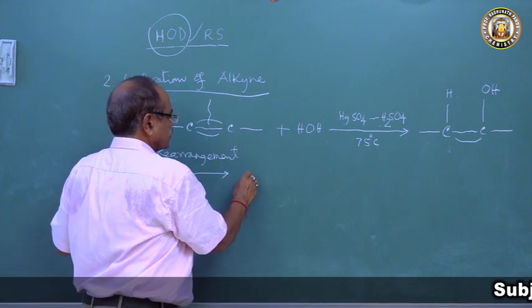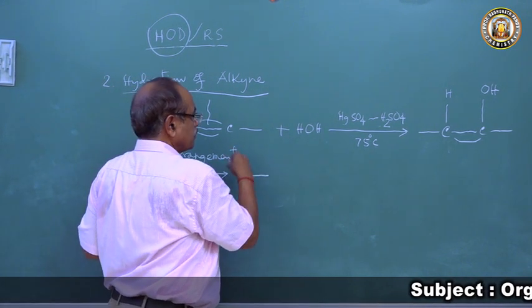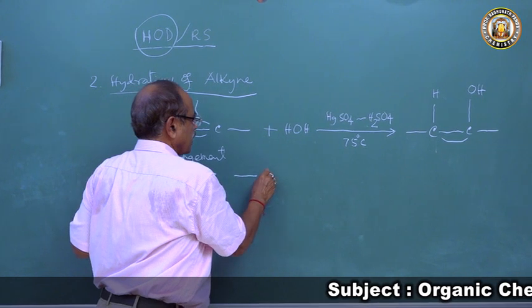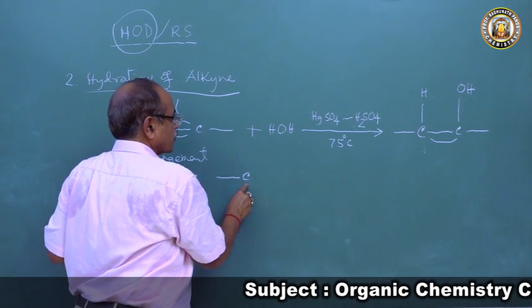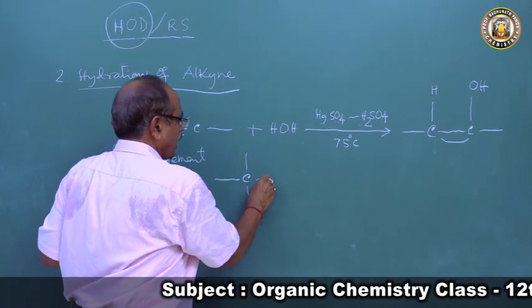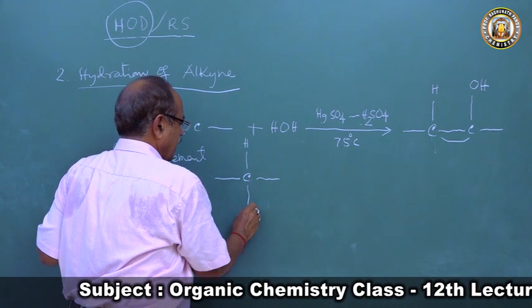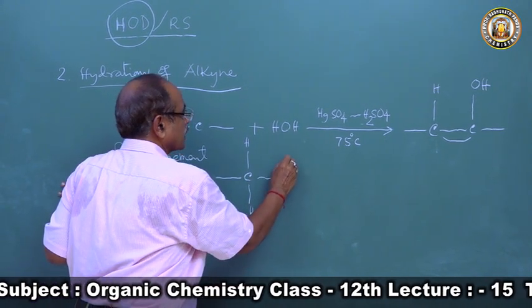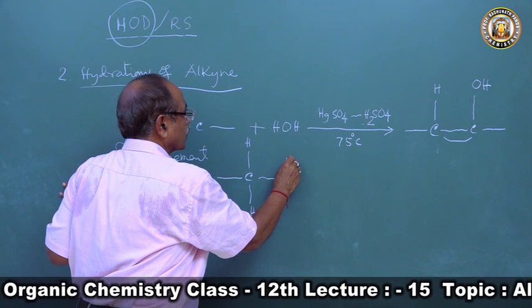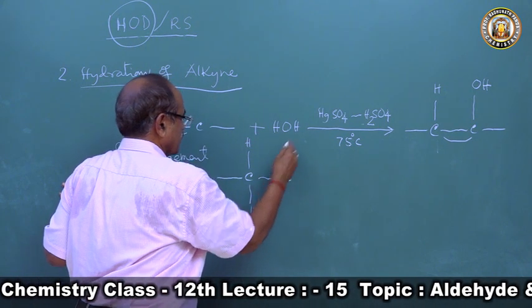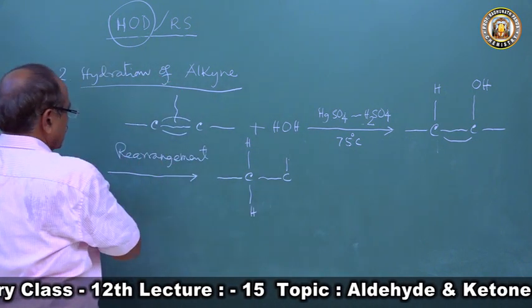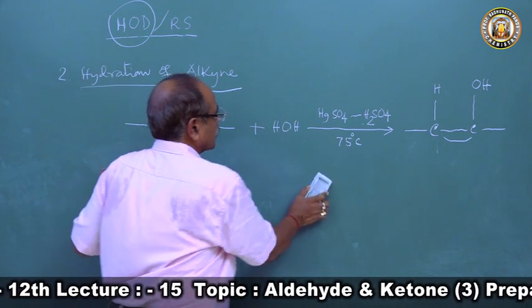To form that, C will get CH. This hydrogen will come to this place, and we get here H and here H, and we go here O. The compound will get the CHO. So this is the way, by rearrangement, we get the compound.